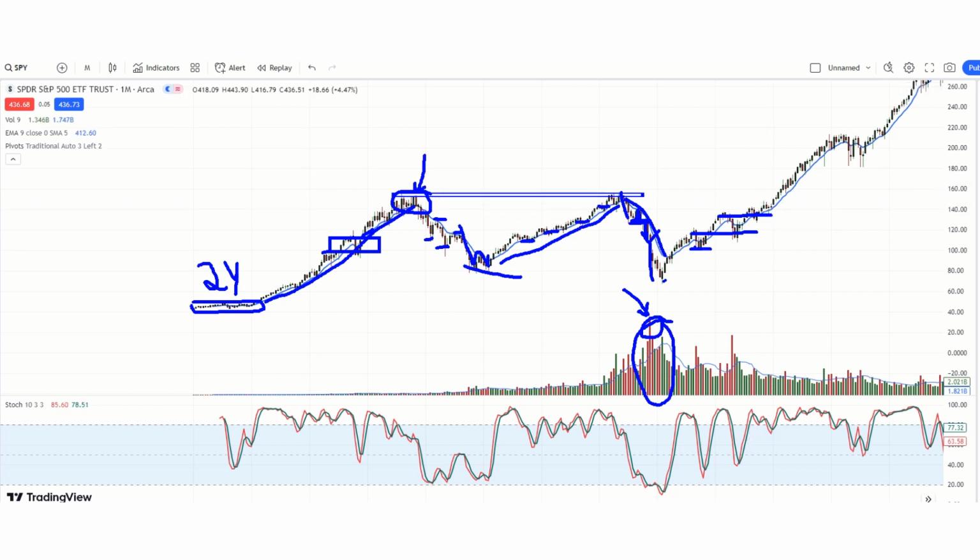Now right here as we came up, this is what we call a bull market, where we don't have any corrections, we just have pullbacks. See that blue line right there? That's a bull market right there. Now, remember, we had the resistance area right where I just drew that blue line again.